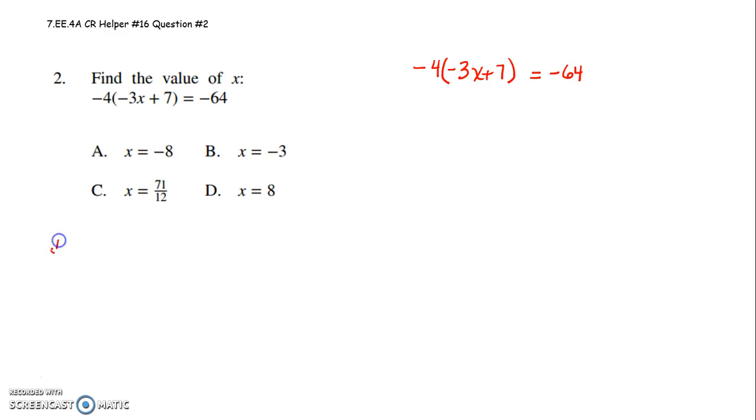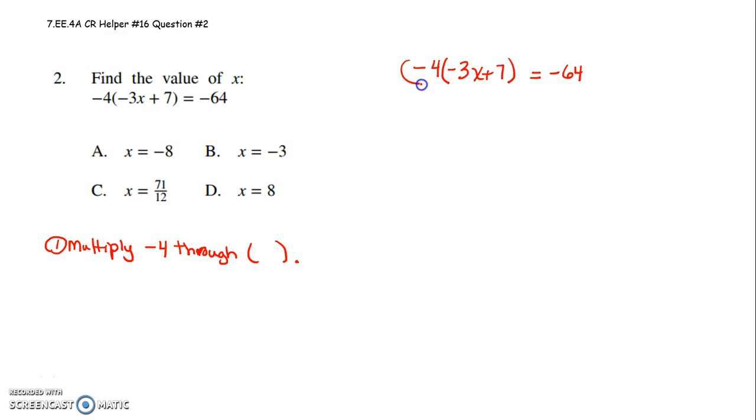All right, the first step is to multiply -4 through the parentheses. There's more than one way to go about this, but that's how I would start it.